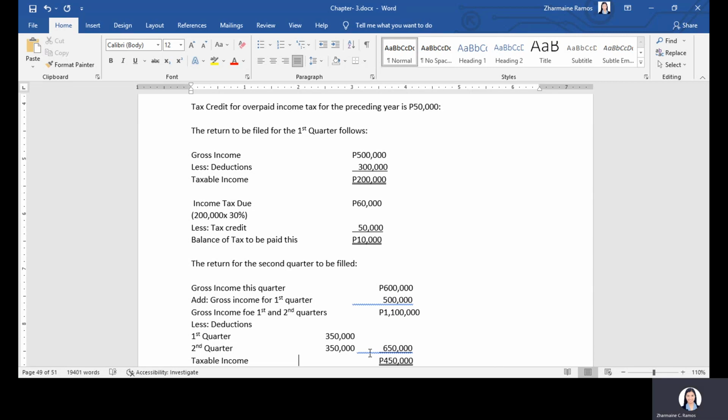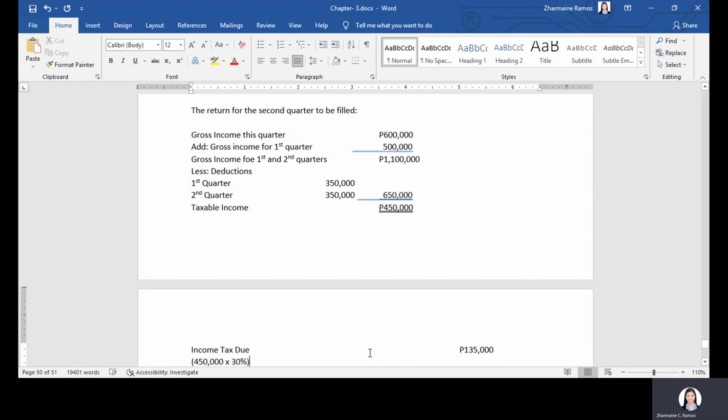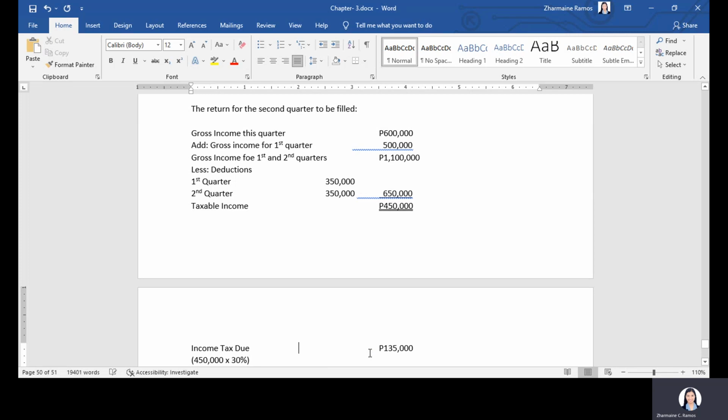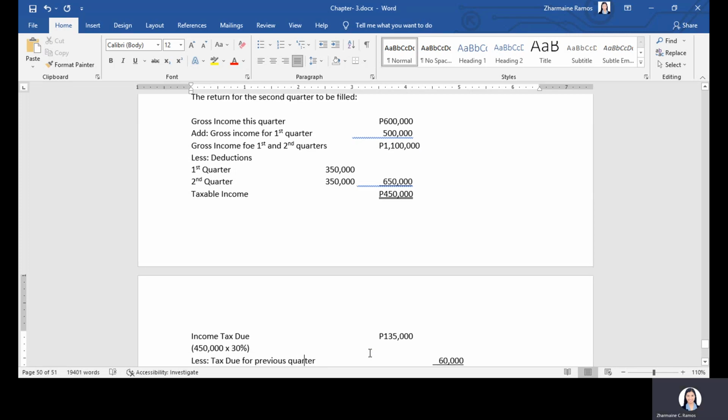So, ang taxable income mo is 450,000. Ngayon, income tax due mo is syempre 450,000 times 30%. Plus mo yung binayaran mo ng mga nakaraang taon, kailangan mong tax for the as of second quarter. So, including yung first quarter details mo and second quarter details mo. So, 135,000.